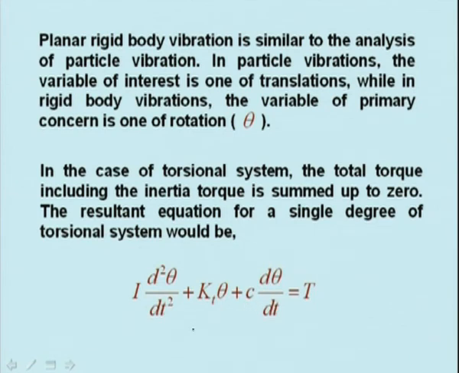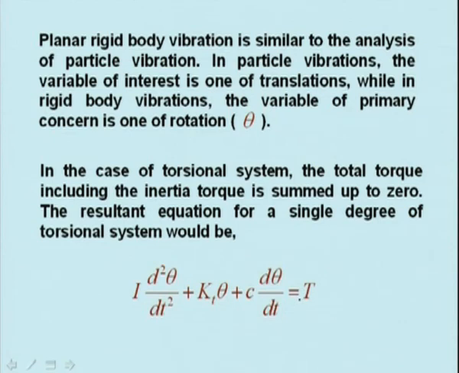Just like there we had c times x dot, here I am putting c times omega, that means c d theta by dt. So this must be equal to the applied torque. This is the equation: I d square theta by dt square plus c d theta by dt plus Kt theta.